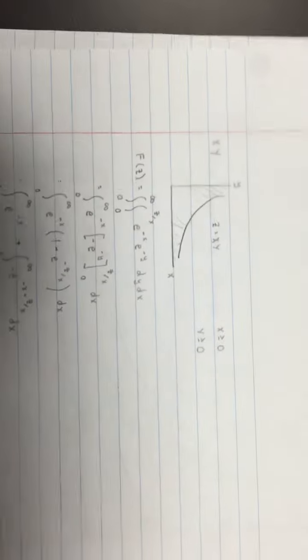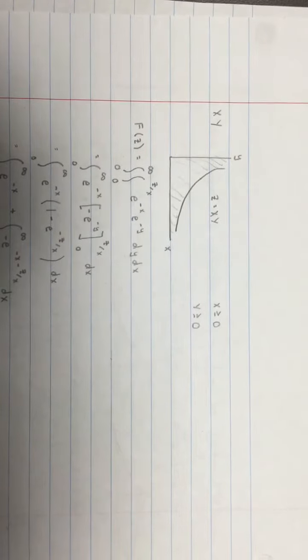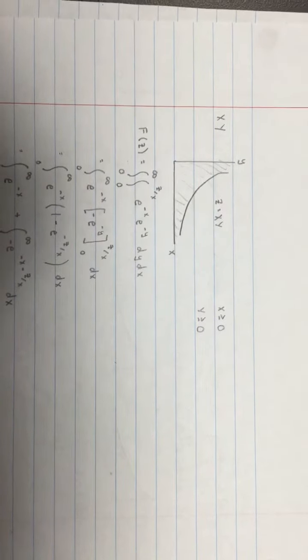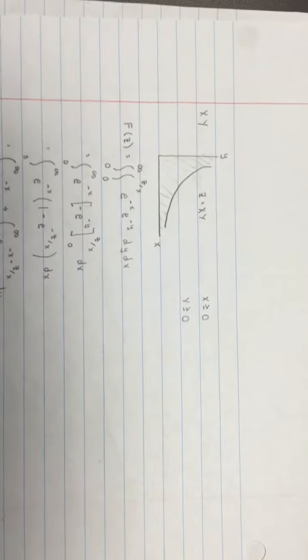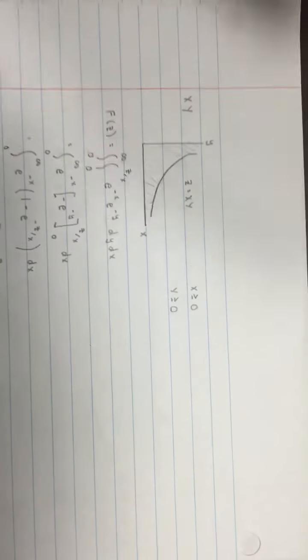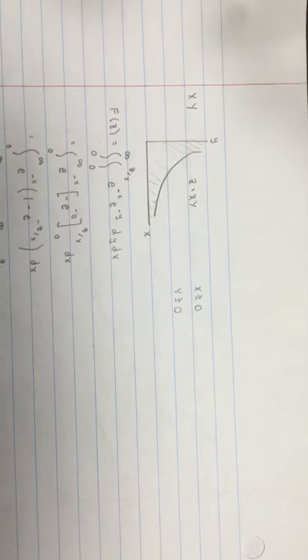Okay. For part C, we're asked to find the product of these two identical and independent random variables, which are both exponential. This is the graph of what z would look like.